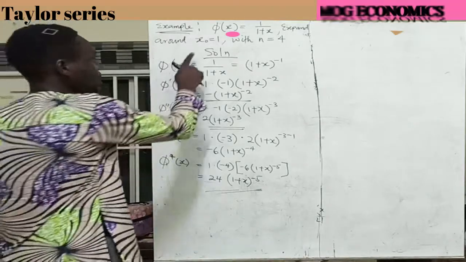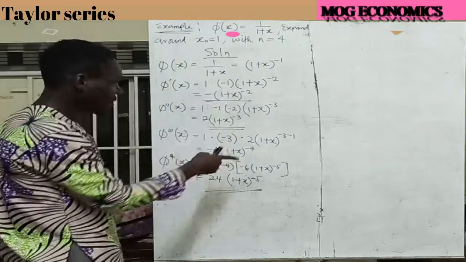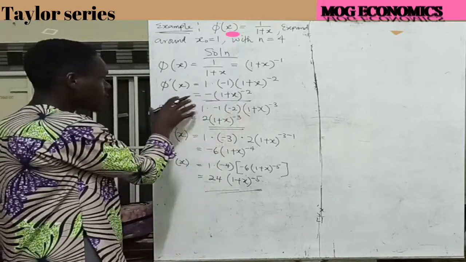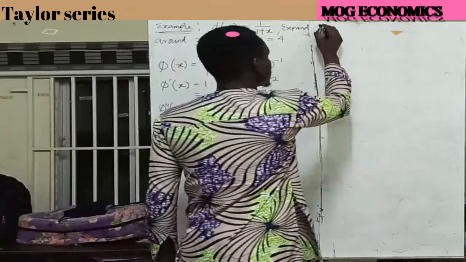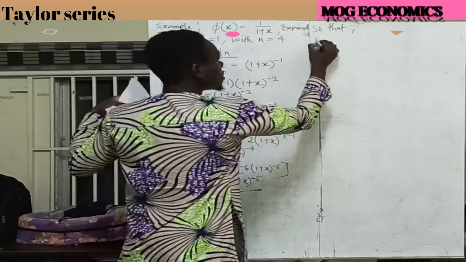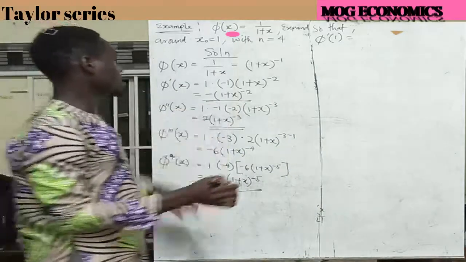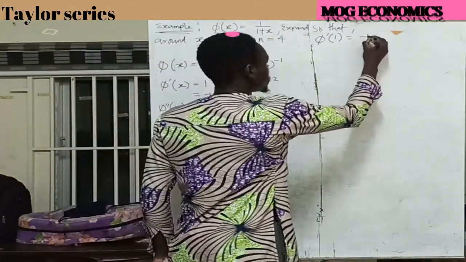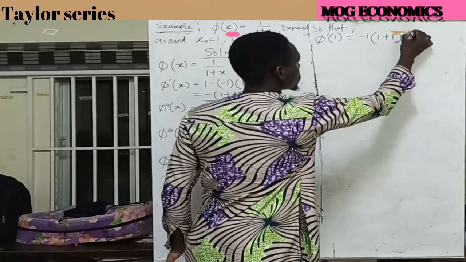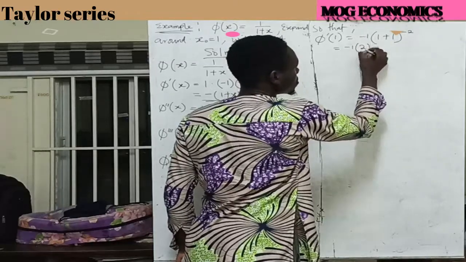to insert, because here we are given our value for x to be 1. So wherever you have x, you substitute 1. In the case of the first order derivative, we have minus 1, 1 plus 1 to the power of minus 2, that is minus 1, 2 raised to the power of minus 2.